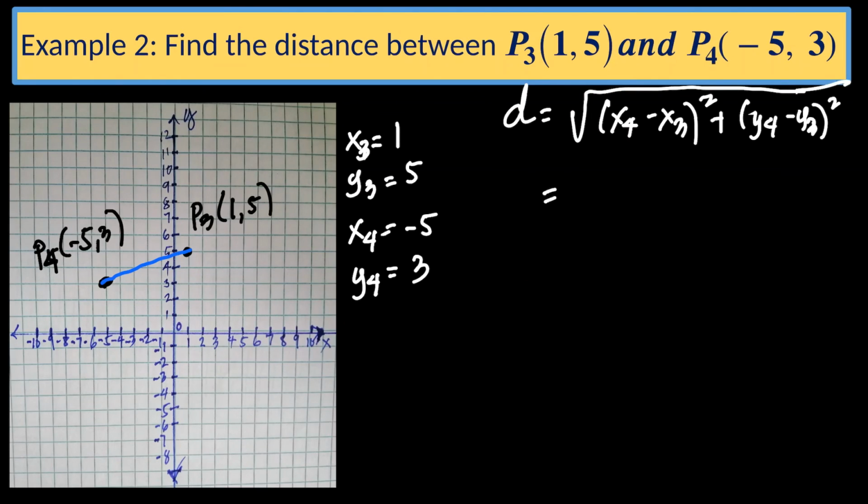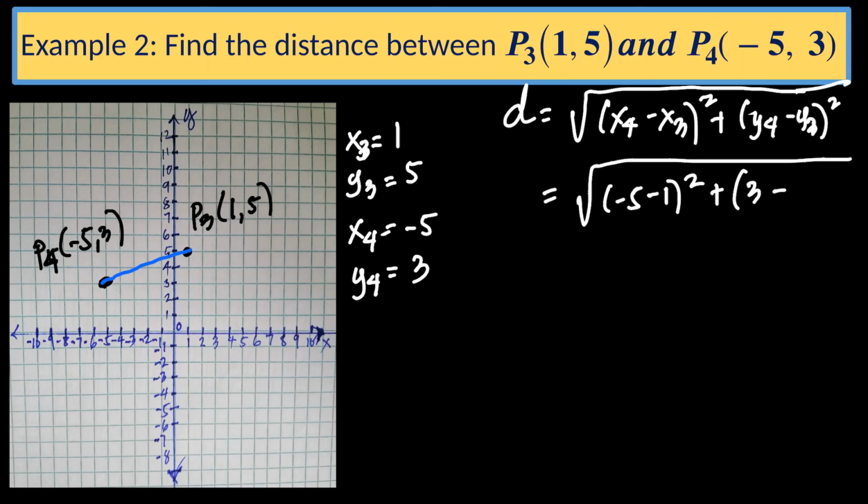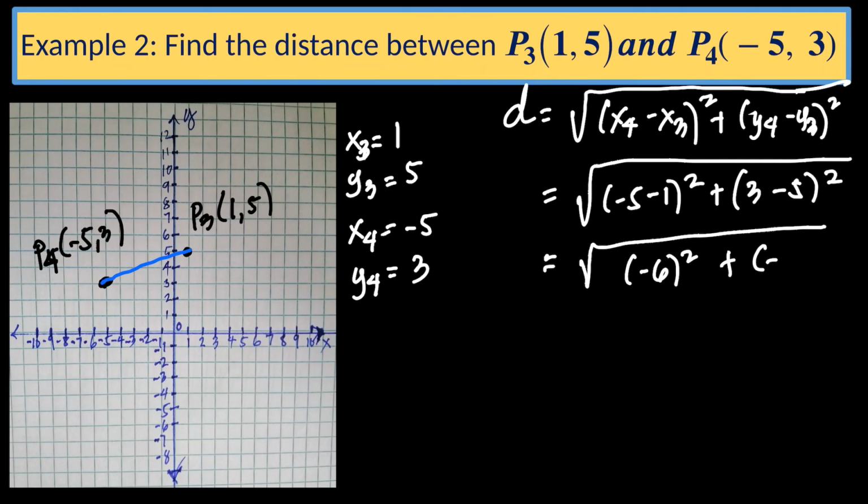The distance is, we have x sub 4, which is negative 5, and our x sub 3 is 1, squared, plus our y sub 4 is 3 minus the y sub 3, which is 5, squared. Simplifying, negative 5 minus 1 gives us negative 6. Negative 6 squared plus negative 2 squared.